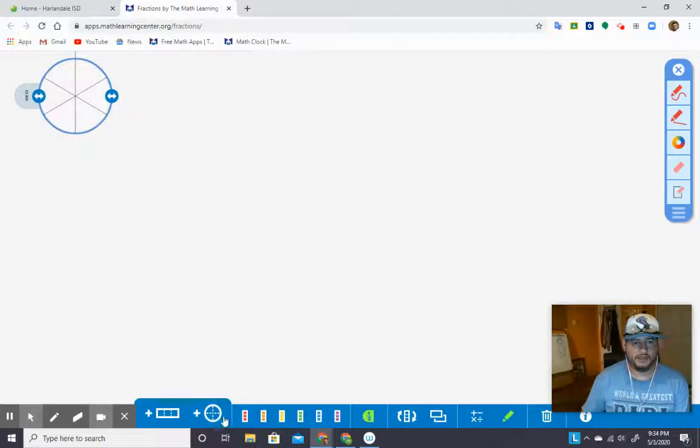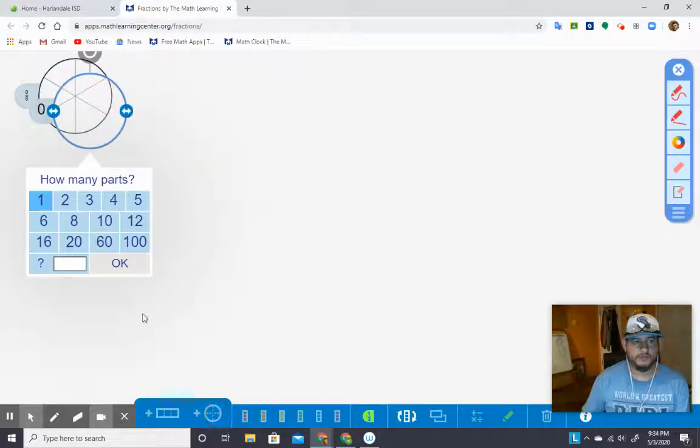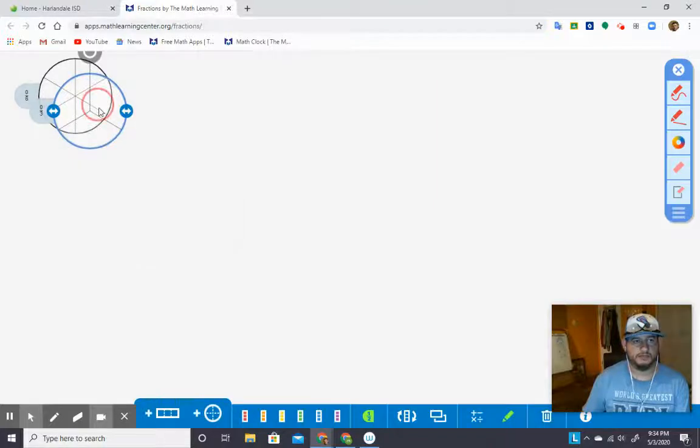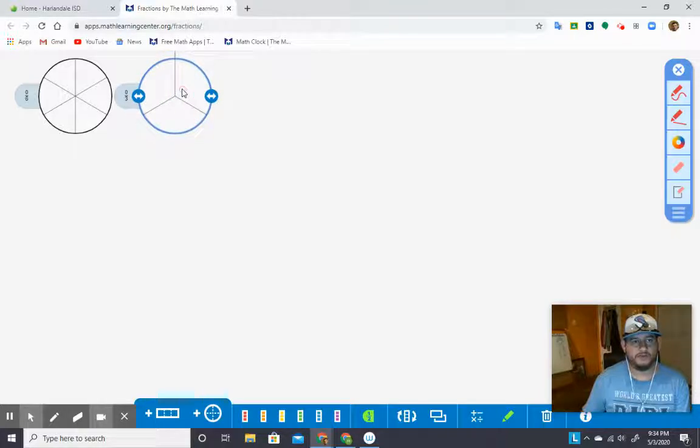And then I'm going to make another one with three equal parts. Okay. So we have one with six equal parts and we have one with three equal parts. So see right there, it gives us our denominator already. That's the total amount of parts that it has, the whole, remember?